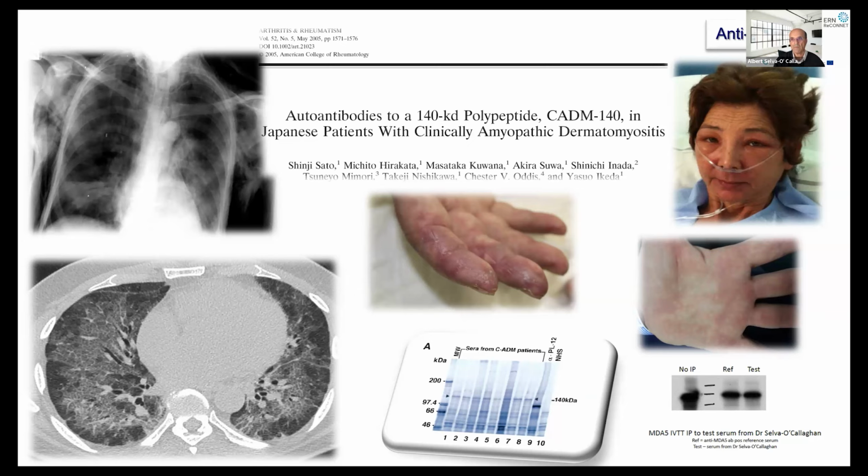There usually are patients with clinically amyopathic dermatomyositis, without muscle involvement, or very little involvement, and with a rapidly progressive ILD, interstitial lung disease, as you can see here, with pneumomediastinum and with this severe lung disease. So the antibody is a marker of a very severe manifestation of some types of dermatomyositis.